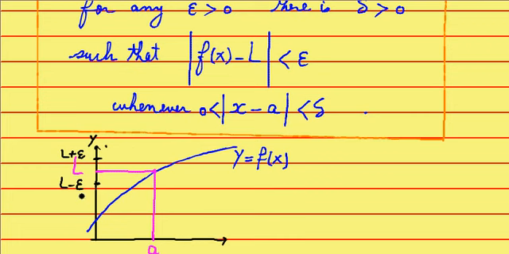So the game starts by somebody laying a trap like this by going above and below the claimed limit, and then asking you to find another trap around a, such that when x is inside that trap but exclusive of a itself, the value of the function, that is the y, is inside of this trap.